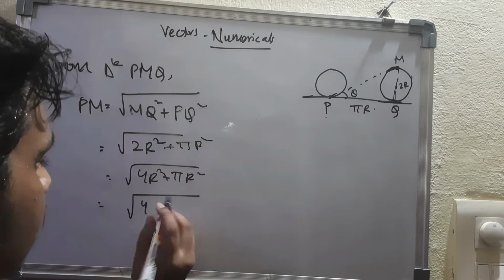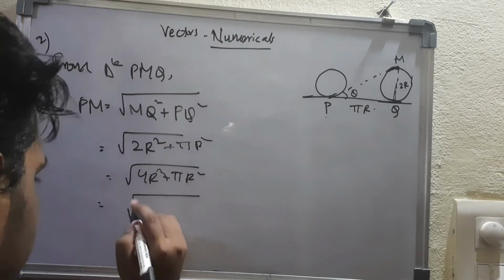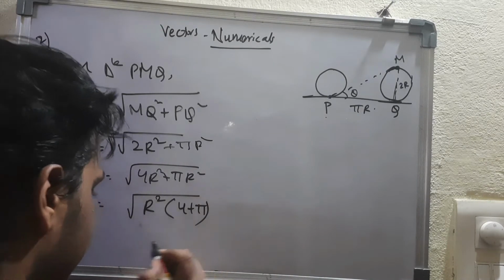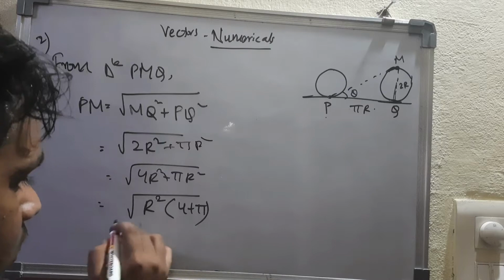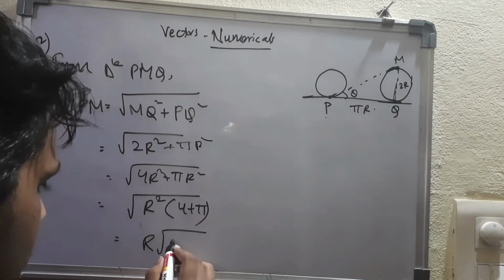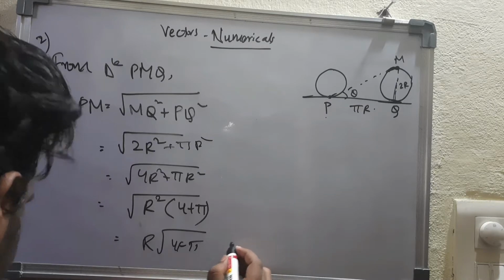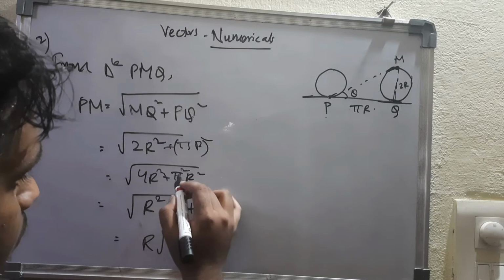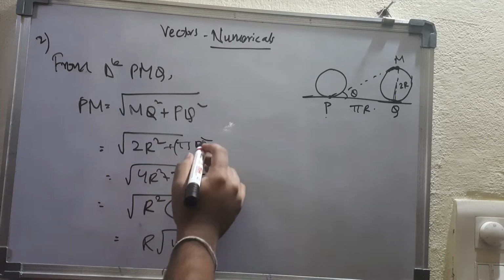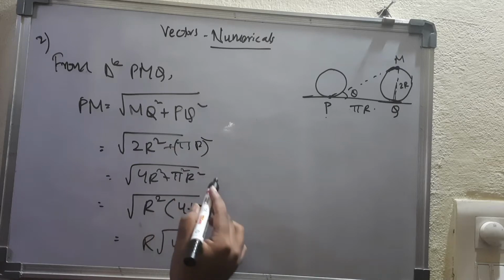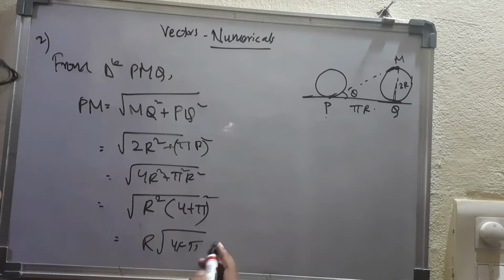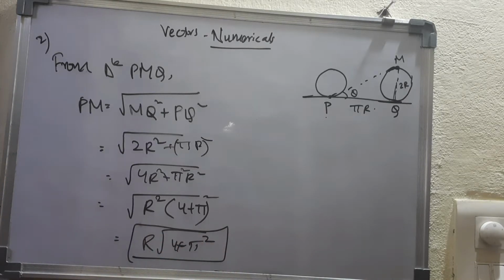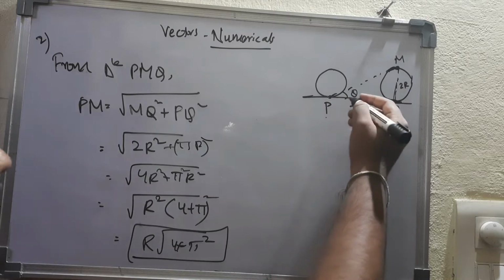Taking r square as common, r square (4 plus pi square). R comes outside, so PM equals r times the square root of (4 plus pi square). This will be our answer. This will be the displacement.